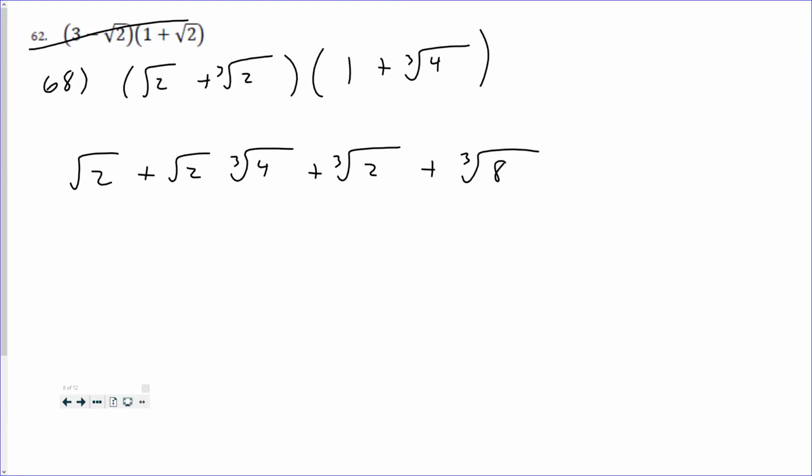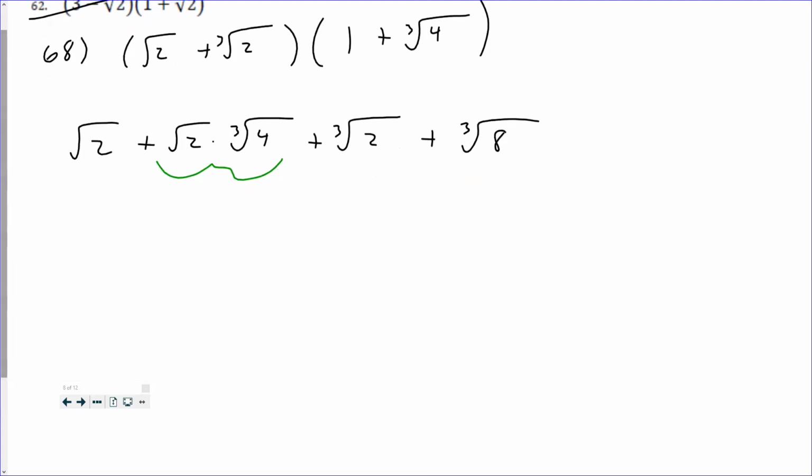So from here, the hard part is going to be dealing with this part right there, because you have two different roots. You need to make sure they have the same root, because you don't want a root multiplied with another root. You want it all underneath one root. So I'm going to take this 4 and change it into 2 squared, because I'm going to change them all into exponents to make it a little easier to work with.